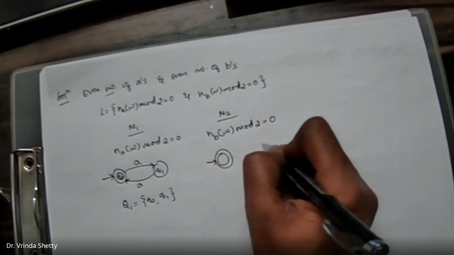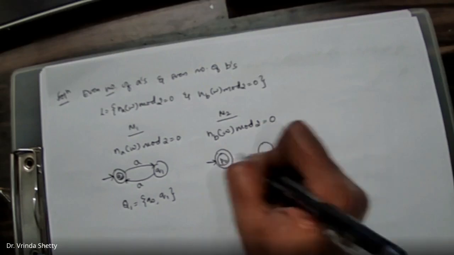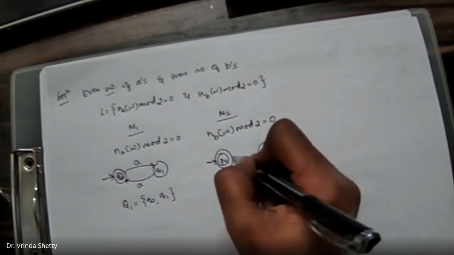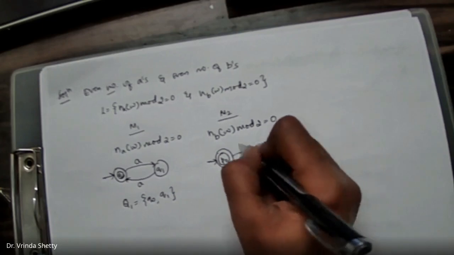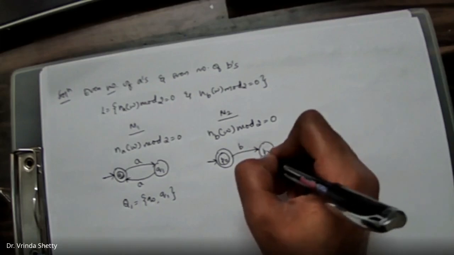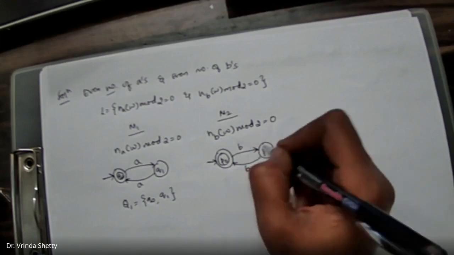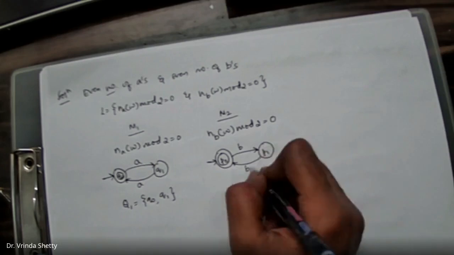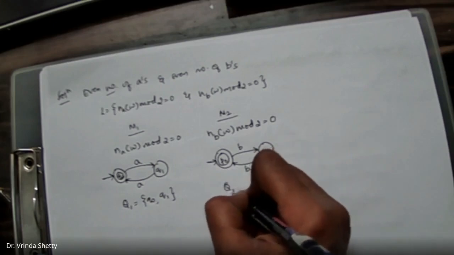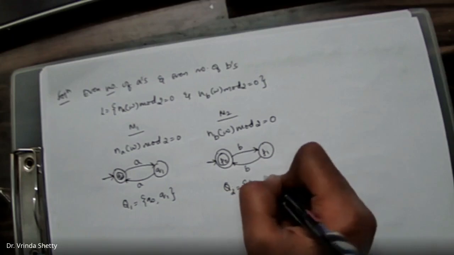So here I'll name the states P0, P1. This is an odd number of B's: reject, go to a non-final state. Even number of B's: accept, go to a final state. So the states of this one are Q2 = {P0, P1}.